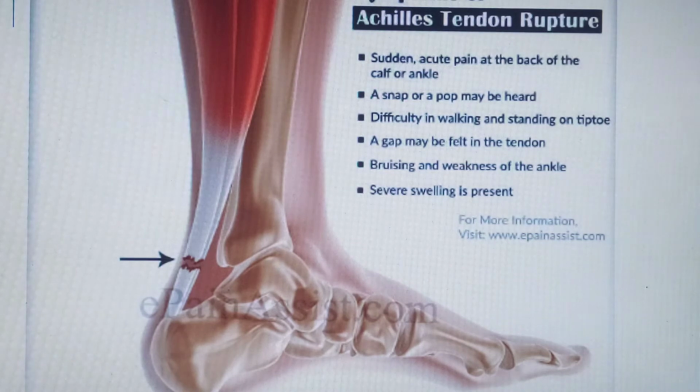When that happens, your foot may be in an almost permanent dorsiflexed position. Other things that you may see will be difficulty in walking or tiptoeing. And when we feel it, there could be a gap over there. So that is what we are going to find over there.